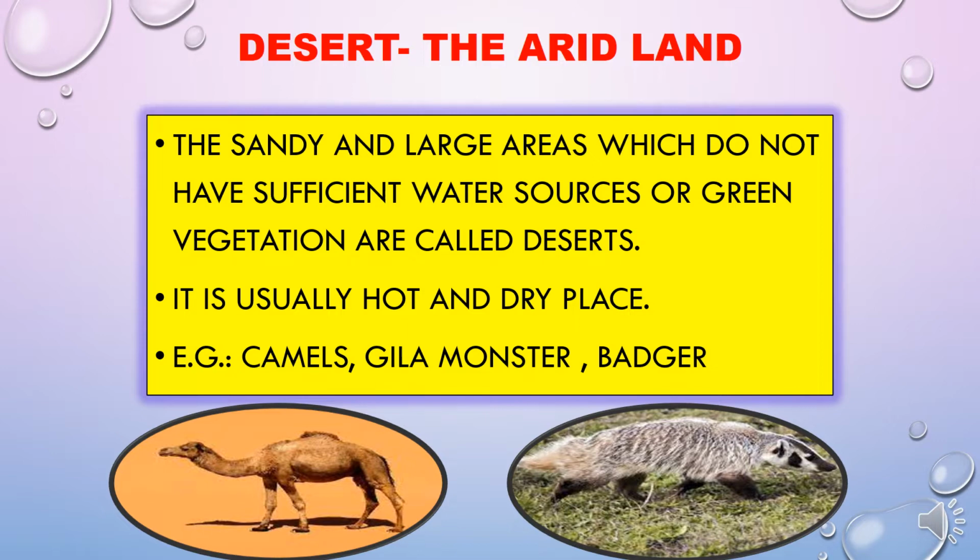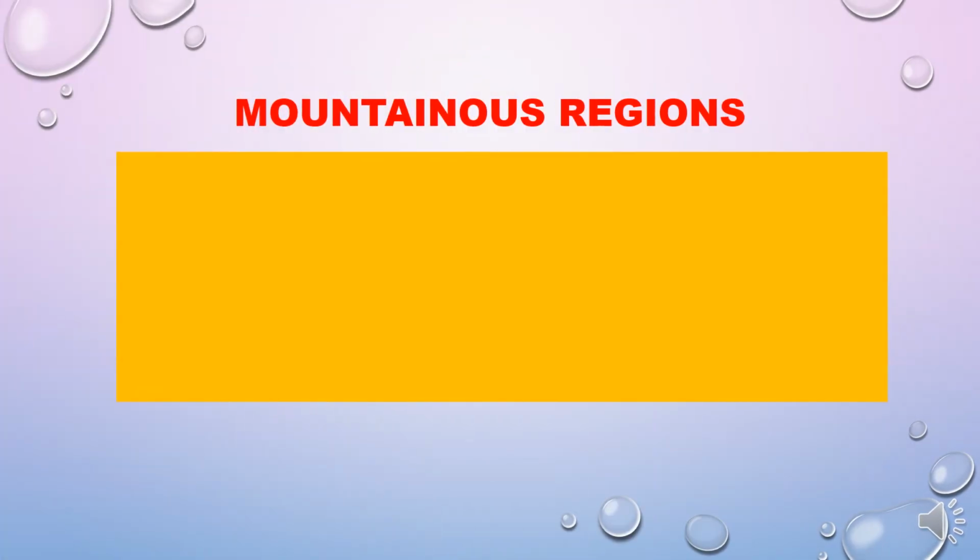You can see in the picture. So these animals have special adaptations to survive in that particular habitat. Not all animals can live in that particular place.